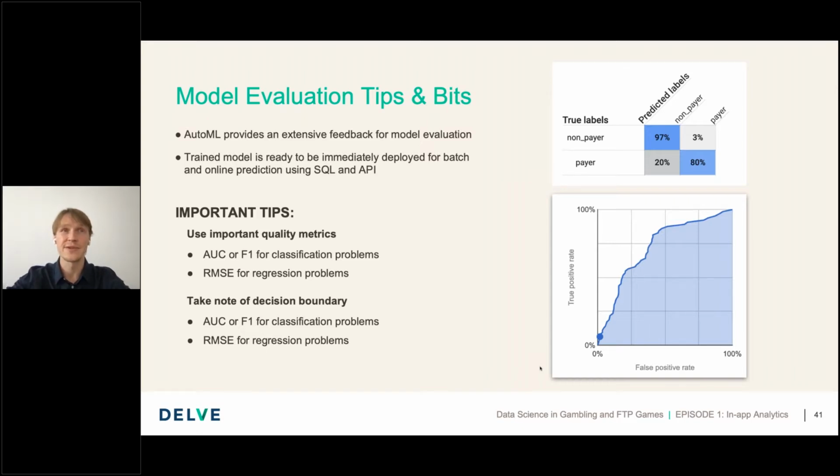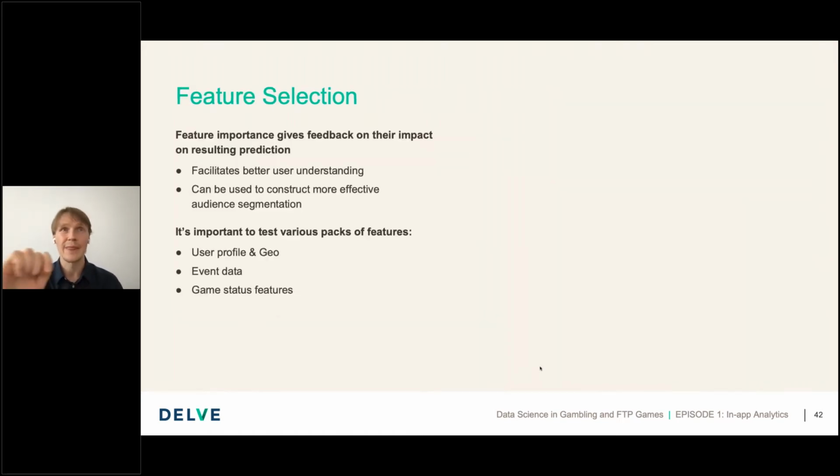Root mean squared error is better applied to regression type problems. And the decision point, the boundary for predicting either one class or another, can be varied to accommodate your use cases. That is to include more of one class or another class depending on the target implementation scenario.